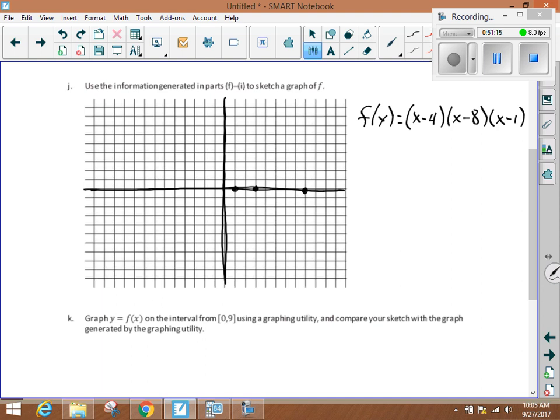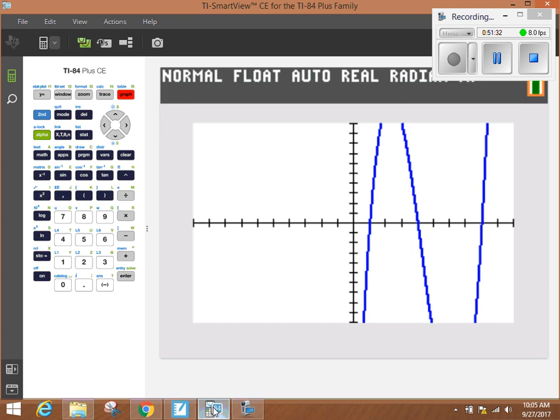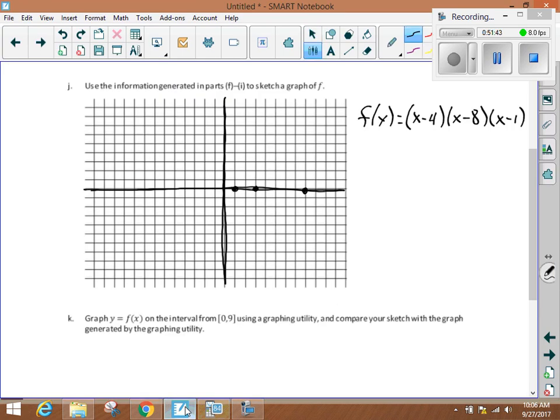So, we have said that at f of 0 we're negative, so it should be down here. Let's go ahead and look at a graph on my handy dandy graphing calculator. And there it is. Let's graph that thing. So it's very negative, and then it increases, and then it goes way up here.